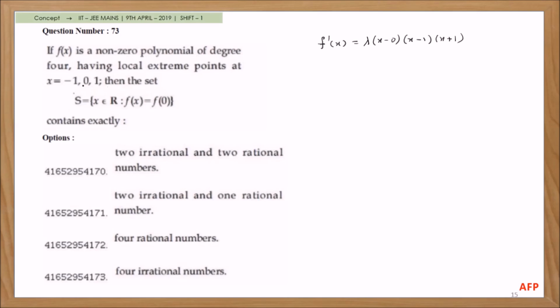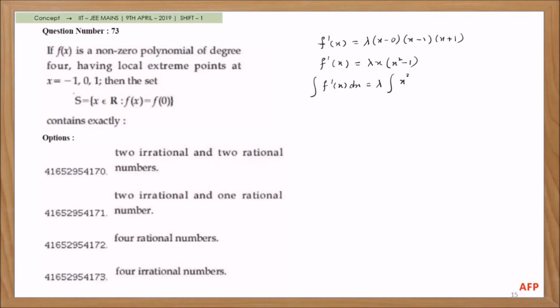So 0 is one extreme point, 1 is another, and minus 1 is the third extreme point. So f dash of x is equals to lambda x into, if you multiply it, x square minus 1. So if you integrate with respect to x, what will you get?